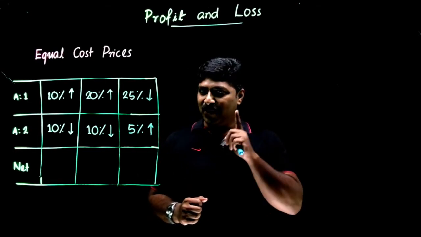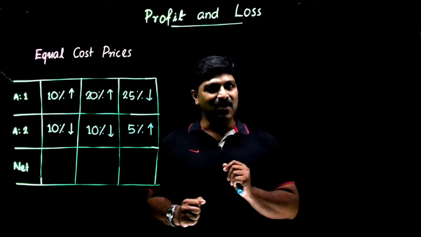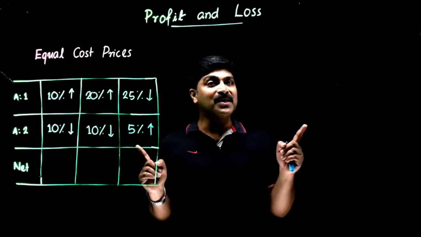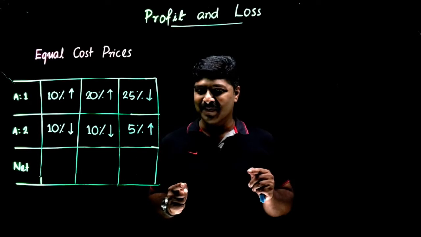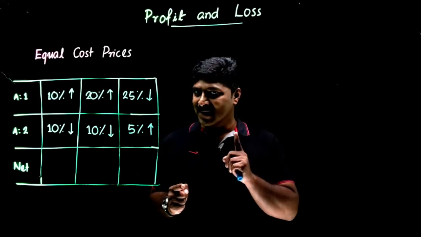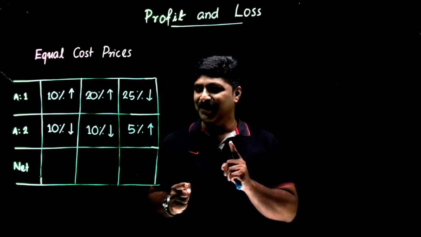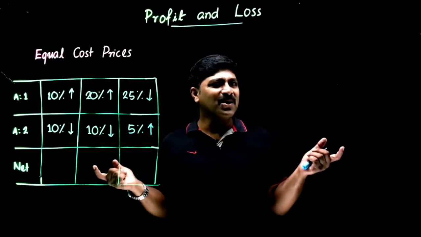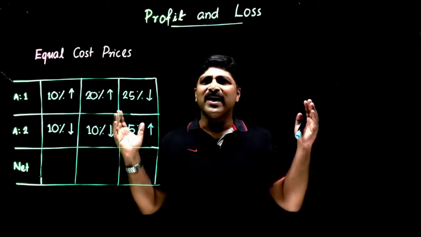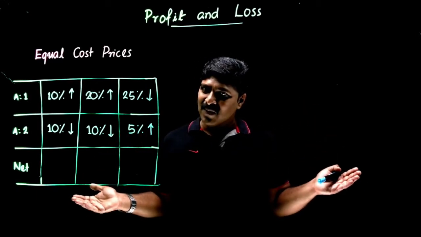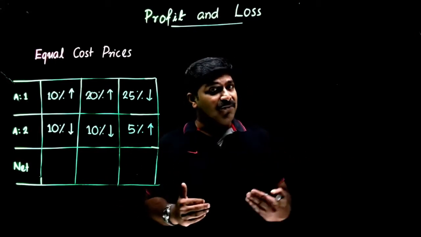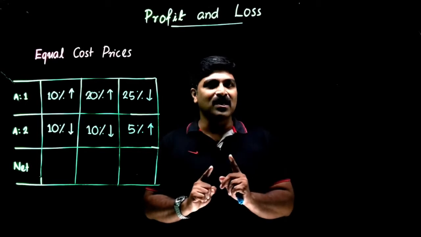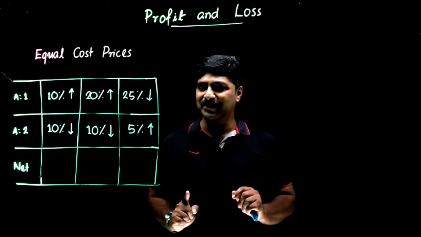What will be the net effect of the entire transaction, whether you gained or lost? Have you got the answer? Yeah, you can easily conclude there is not any change. Through the first article, you made a profit that balanced the loss from the second transaction.